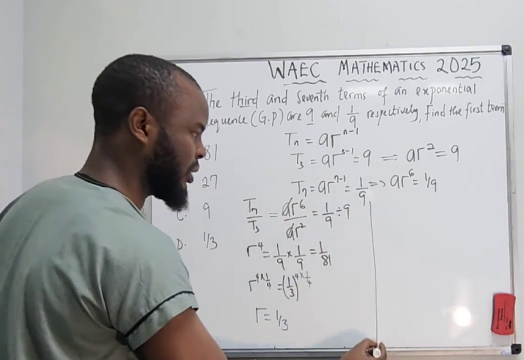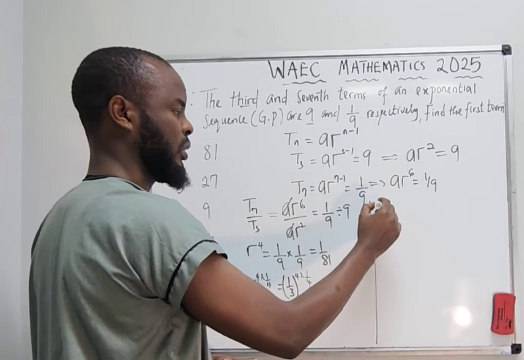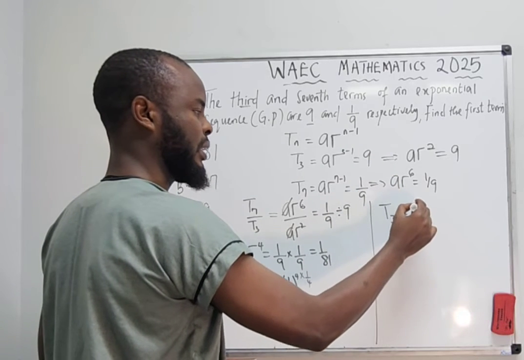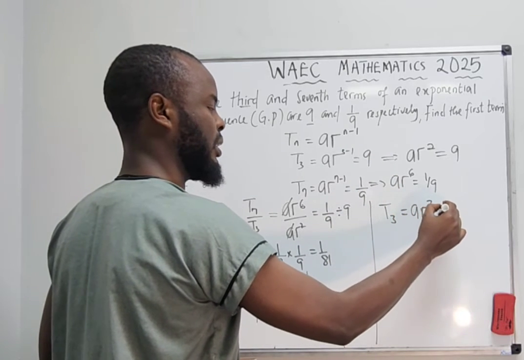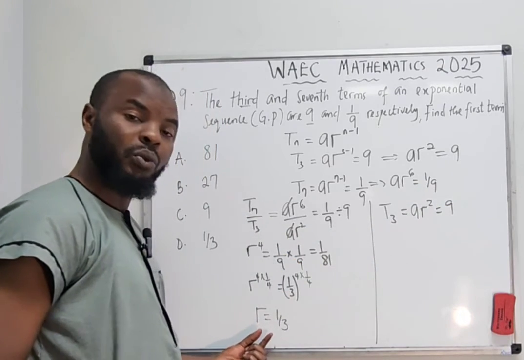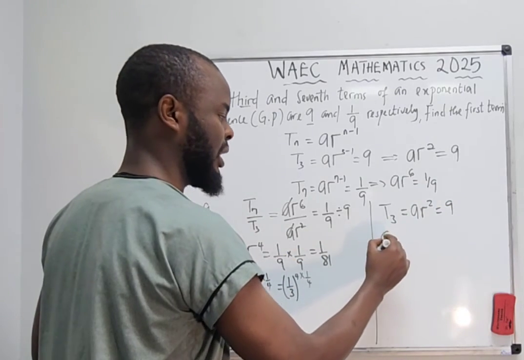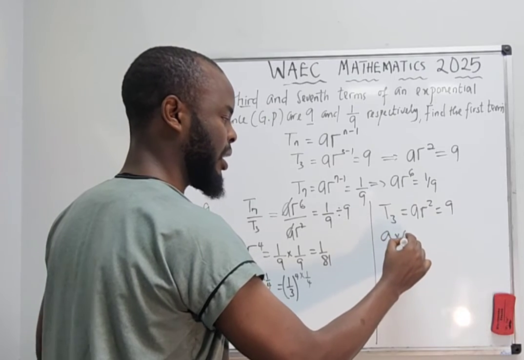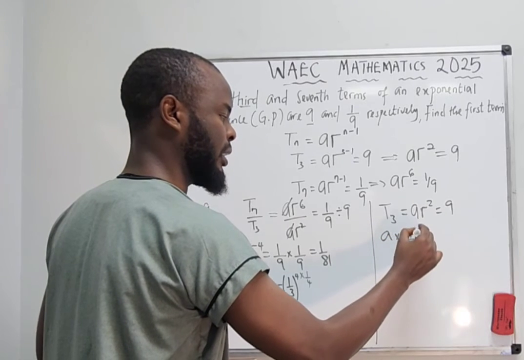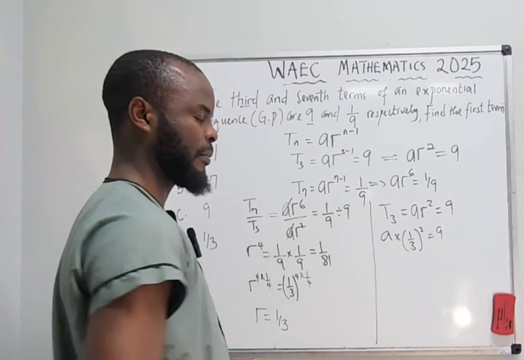Now, let's go back to T3. Recall that our T3, a r squared, equals 9. Now, we've gotten what our r is, and we can get what our a is. Here we have a multiplying r, which is 1/3 squared, equals 9.